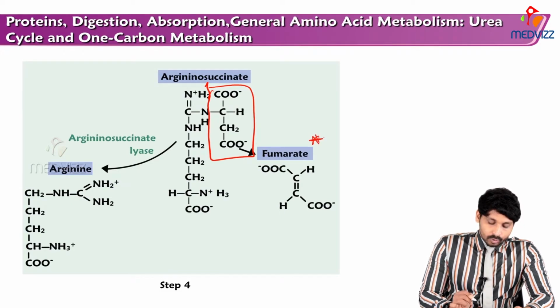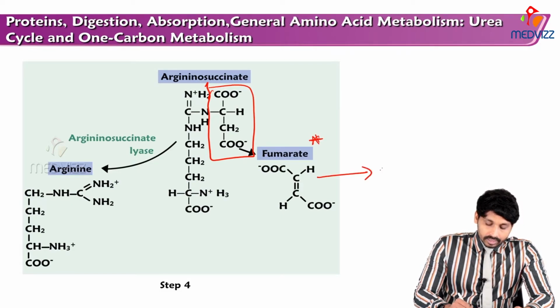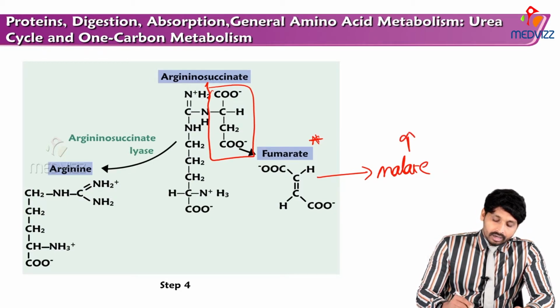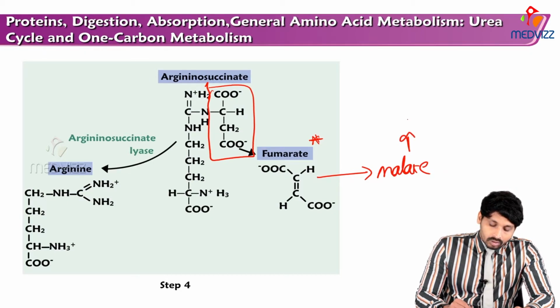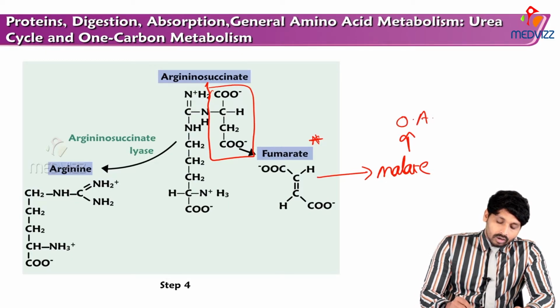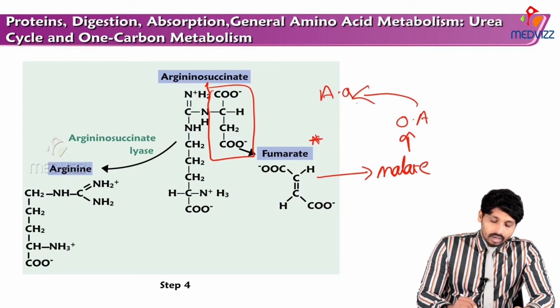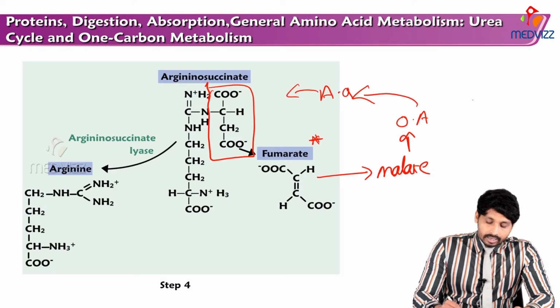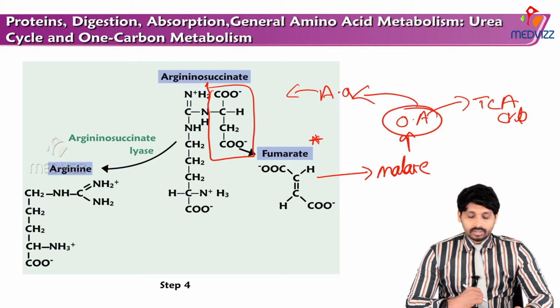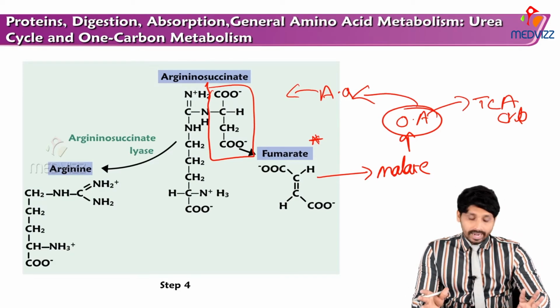What is the fate of this fumarate? This fumarate can be converted to malate, malate can be converted to oxaloacetate, and oxaloacetate can be converted to aspartic acid, which again rejoins the urea cycle. Otherwise it can go into the TCA cycle. So there are two fates of this fumarate, based on the cellular demand.